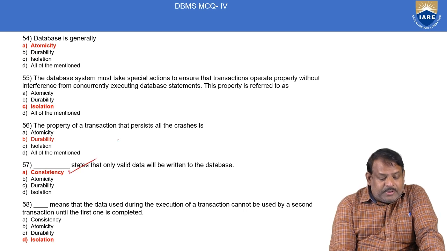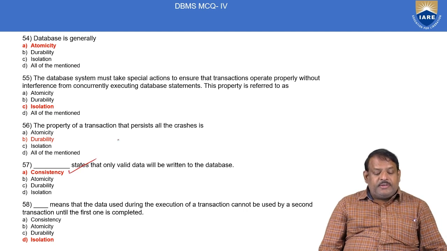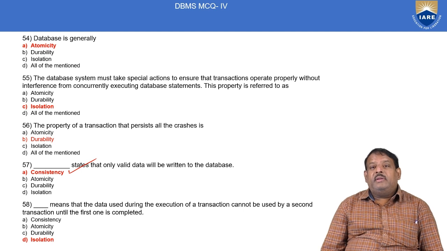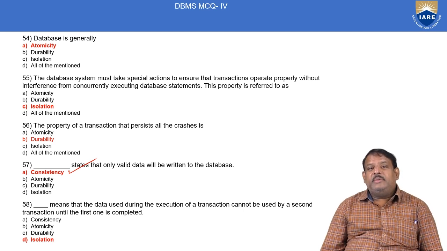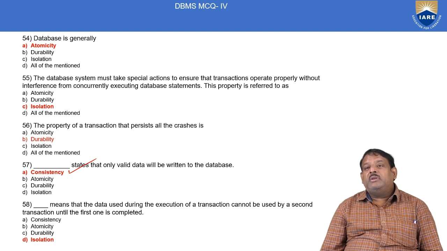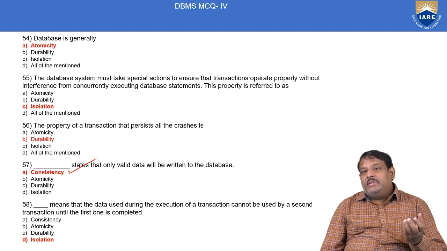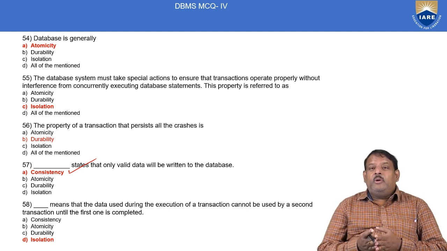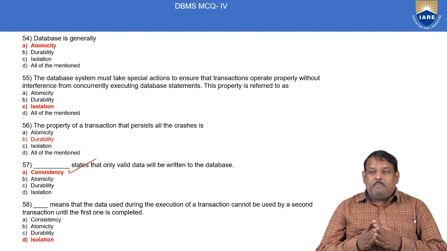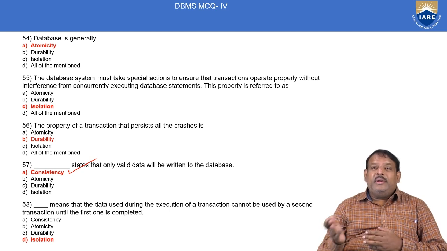the consistency. Now, dash means that the data used during the execution of a transaction cannot be used by a second transaction until the first one is completed. See, when you are working on a database, you'll be given a copy of that. So when you are working on a particular record update, nobody else can do it.